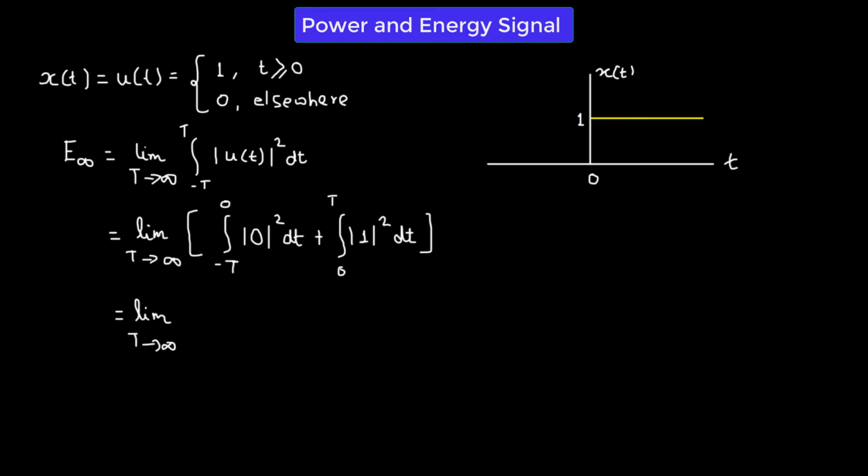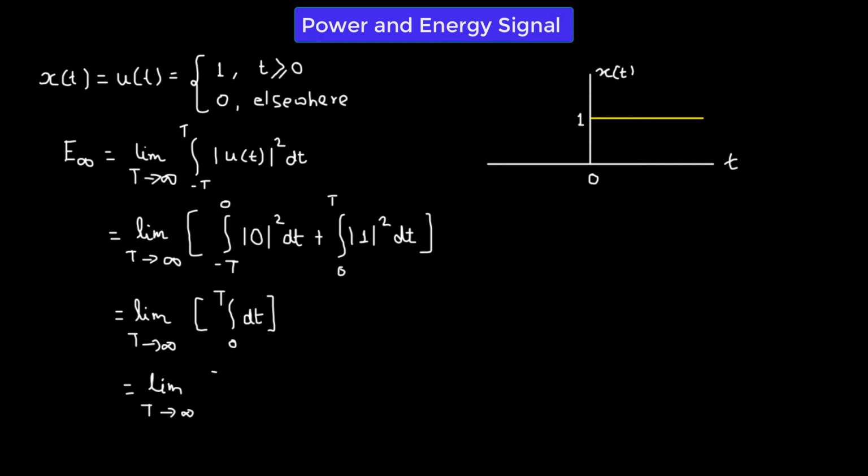So the first integral is going to be 0. We're left with the second integral, which is 0 to T of dt. So we have finally limit T going to infinity.